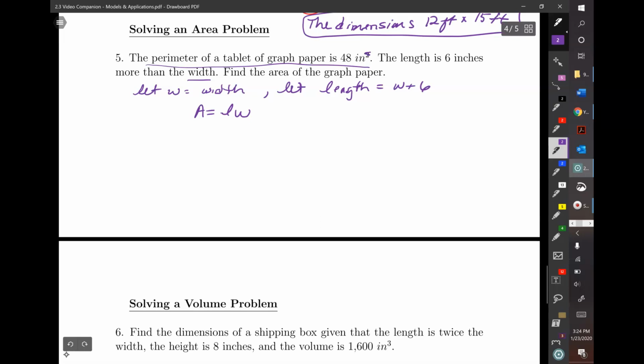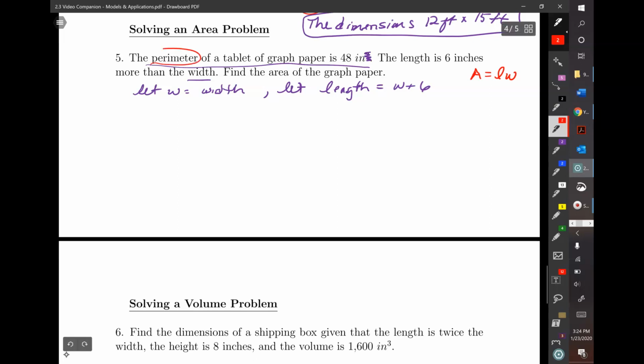That should just be linear units, but we need to use that information to find the area of the graph paper. So following the same process as we did before, I'm going to put this area equals length times width just off to the side because we'll use that later. So sorry about that. That's a little confusing.